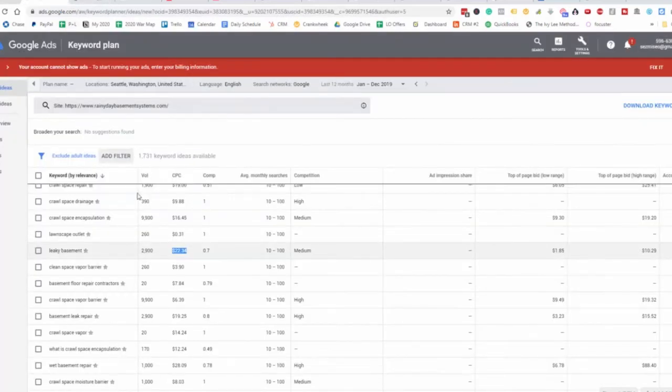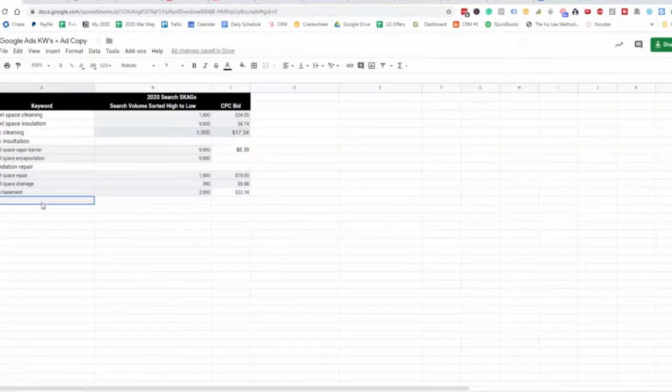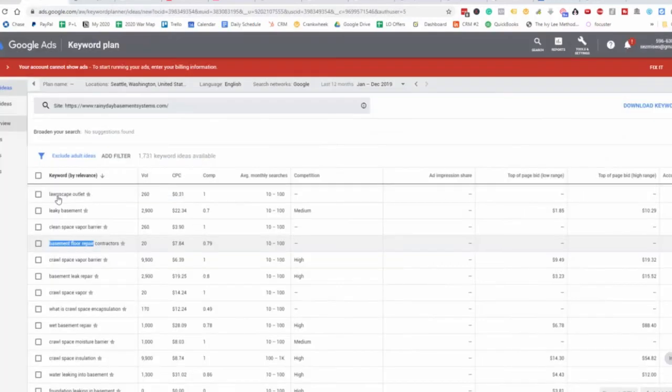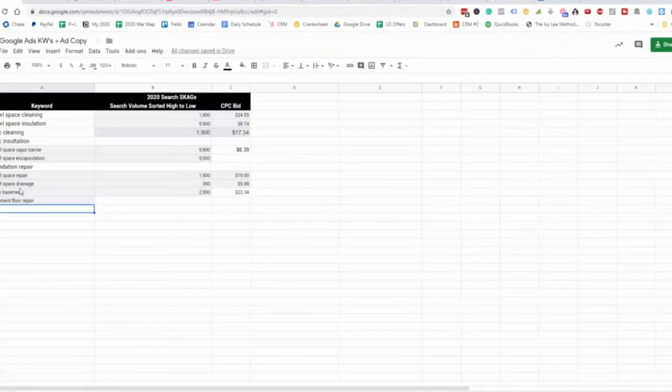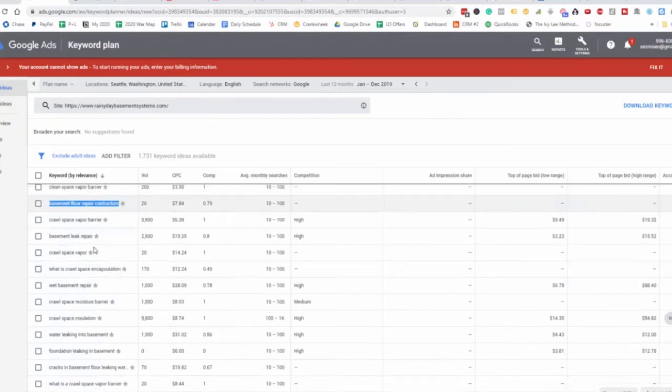So let's see if we can find one more here. Basement floor repair. Perfect. Right here. Because it says basement floor contractors, that one keyword is going to be in our basement floor repair keyword ad group, right? Let's see if they have basement floor repair in here.